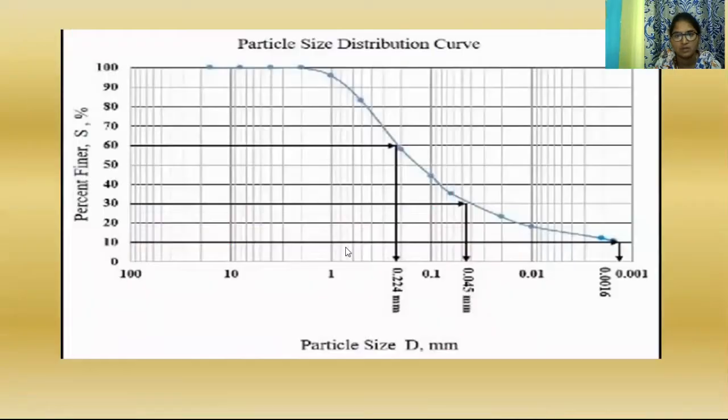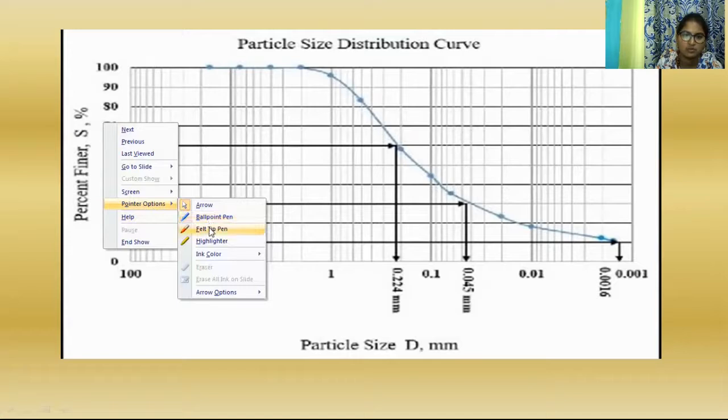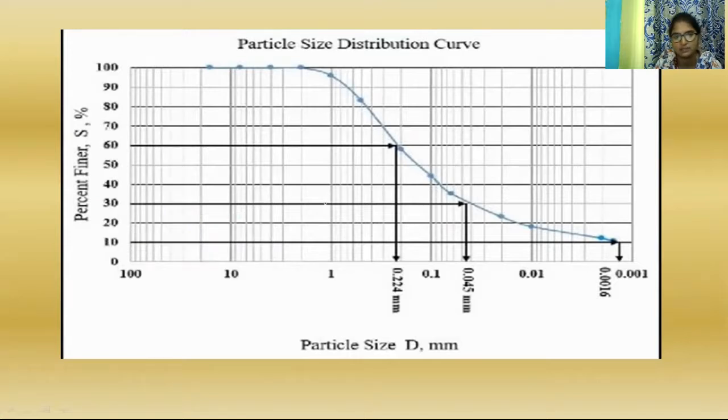So the sieve sizes go on the x-axis and the percentage finer on the y-axis.